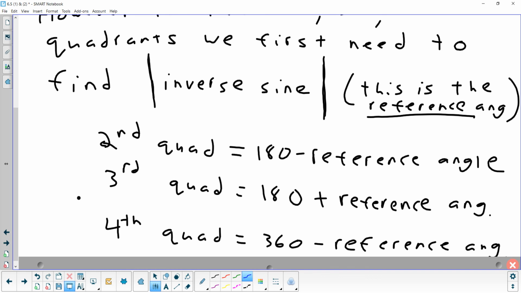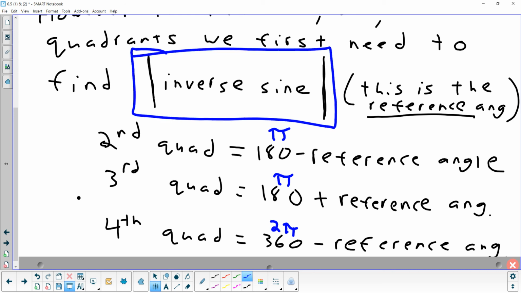And in quadrant 4, it's 360 minus. If you're doing this in radians, substitute what I just wrote down in blue. This is how you find the reference angle: the absolute value of the inverse sine.